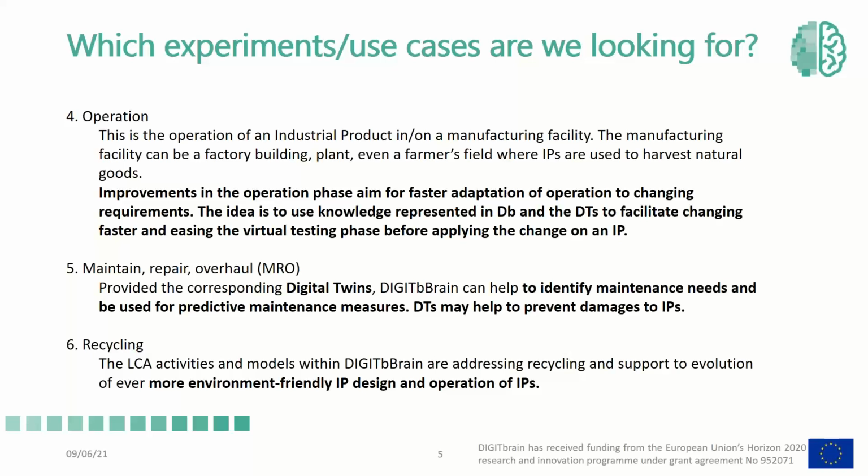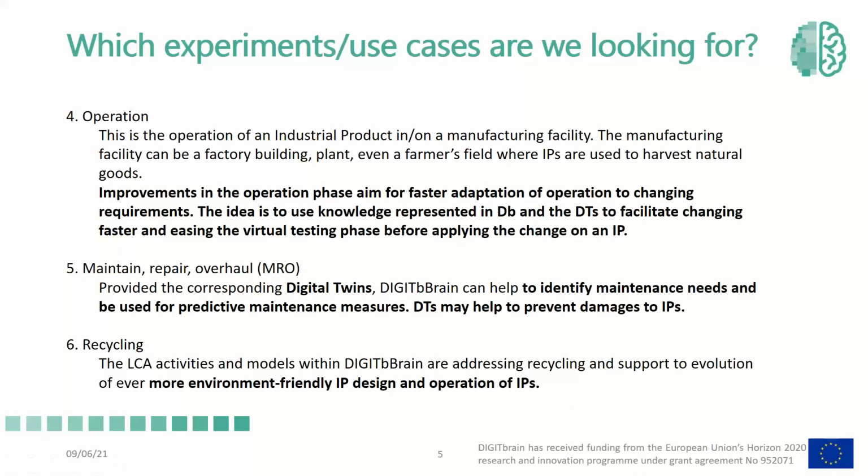We have seen it at the beginning of the Corona crisis, as manufacturing SMEs have adapted to this challenge by producing different things than they have produced before, producing, for instance, masks when they first produced some kinds of clothes or so. So to enable faster change, that is something that we would like to see digital twins being applied for. Maintenance, repair, and overhaul, I have already mentioned predictive maintenance.